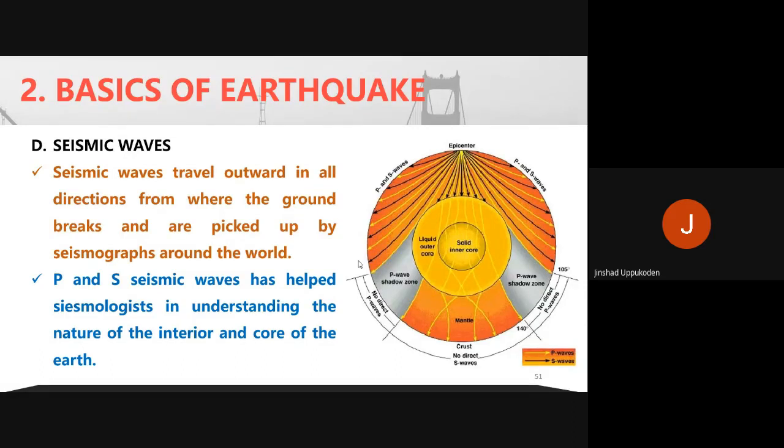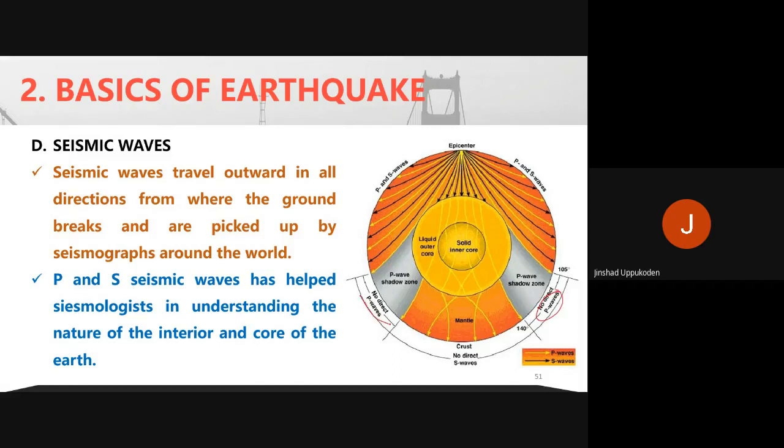You can see the P and the S waves traveling here. The P waves travel through solids and liquids. The S waves travel only through solids, not liquids. So as such, you can see there may be areas where there are no S waves.